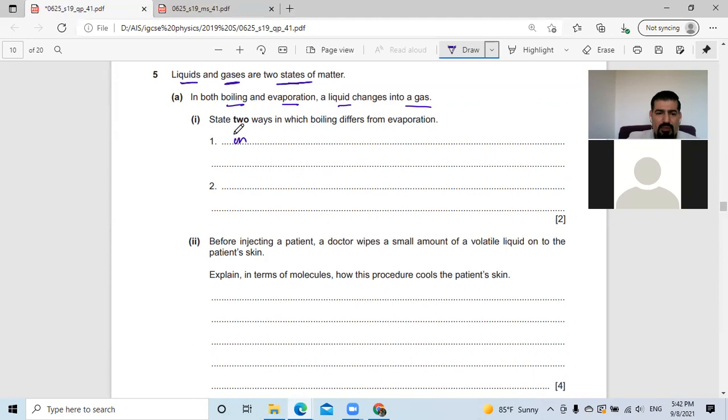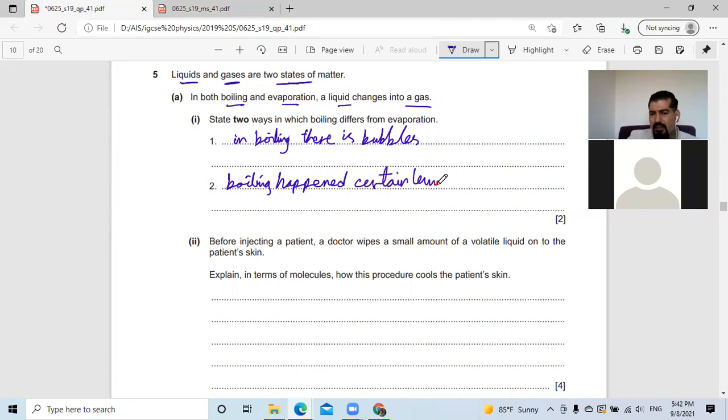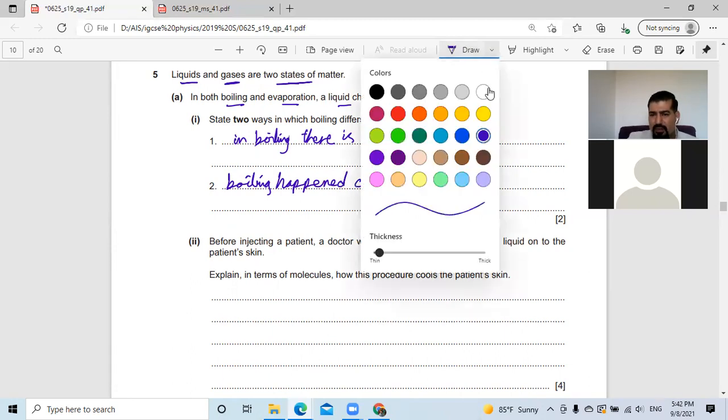In boiling, there is what? In boiling, there are bubbles. Boiling happens at a certain temperature. These are differences, so we can continue the statement.